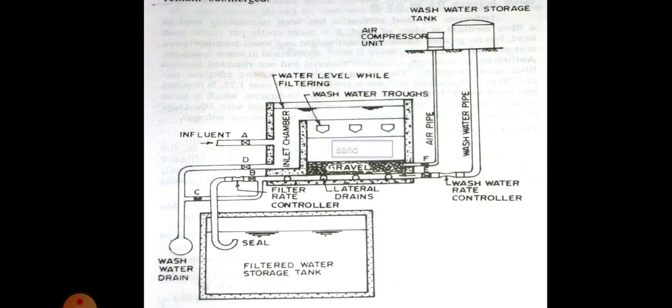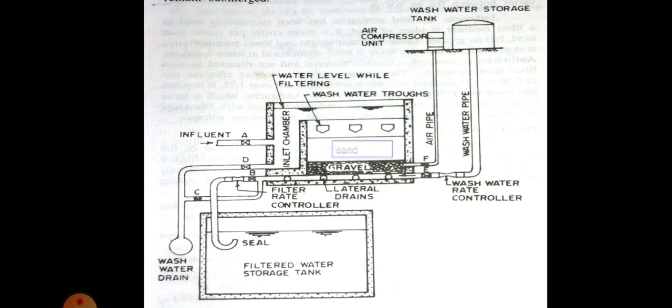Coming to the enclosure tank, in the case of a rapid sand filter it is usually smaller in size, and hence it is placed under a roof. The tank is generally rectangular in plan, and it is constructed using stones, bricks or even concrete.